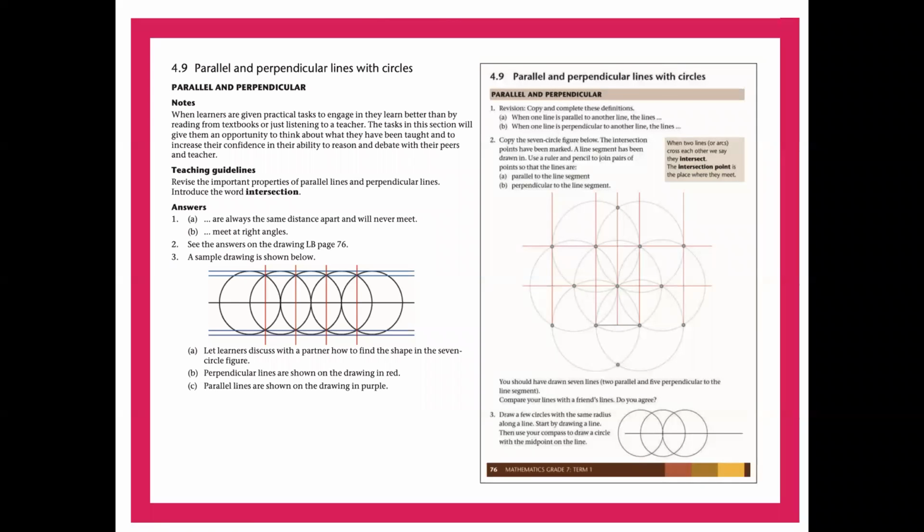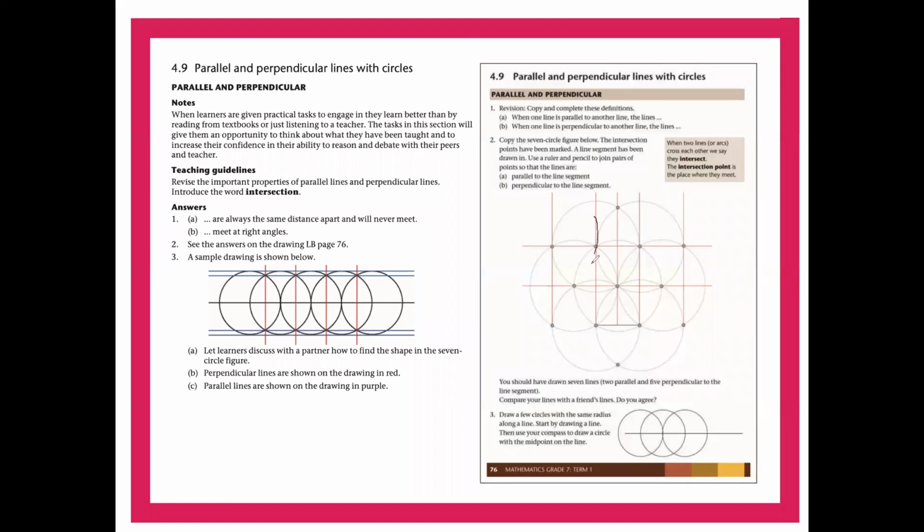Okay, for number 2, you have to copy this again, and then you draw the dots at the point where the circles intersect. Intersect just means where two lines cross each other. And then you have to show where they are parallel. So all of this is parallel, that's parallel, that's parallel. So you see anything that's parallel, and then let me just mark it for you.